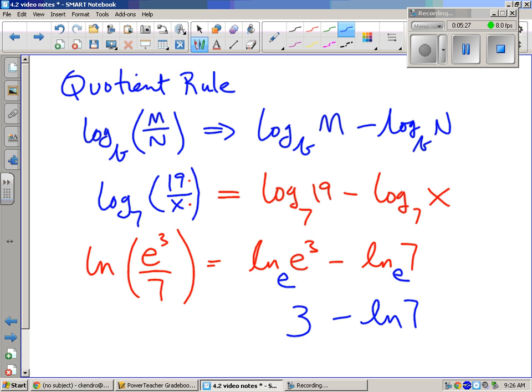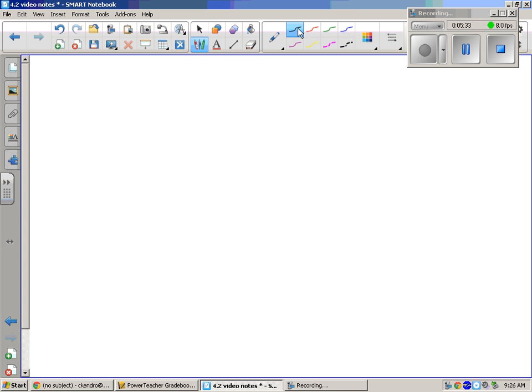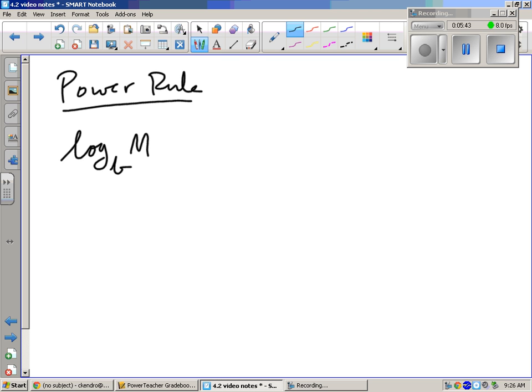All right, let's look at the power rule. This says that if I have log base b of m to the p, the power, that p comes out front and it's p log base b of m.